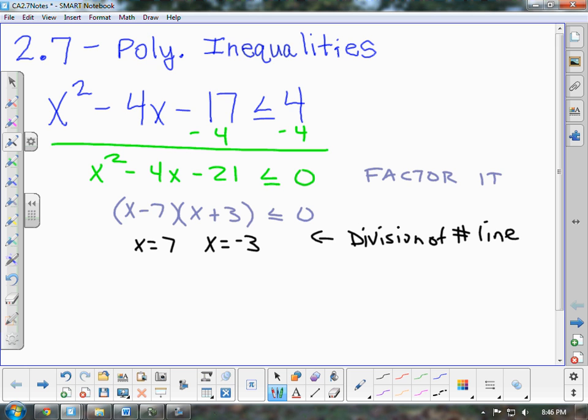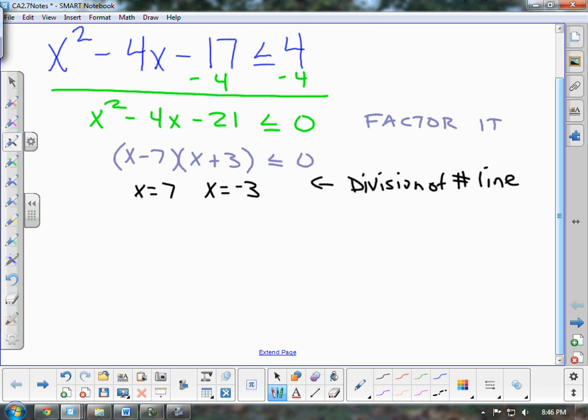And so what you need to do then is draw yourself a number line and put these on it. Then you have to pick a test value in each interval.